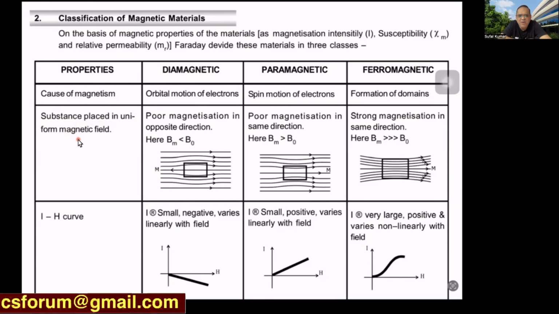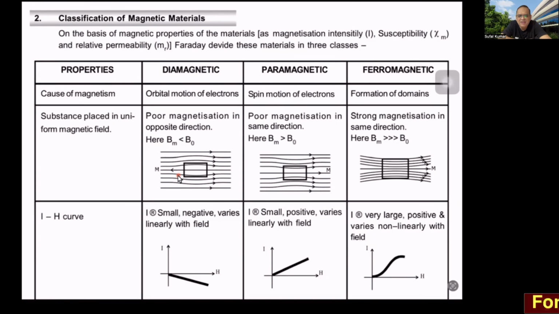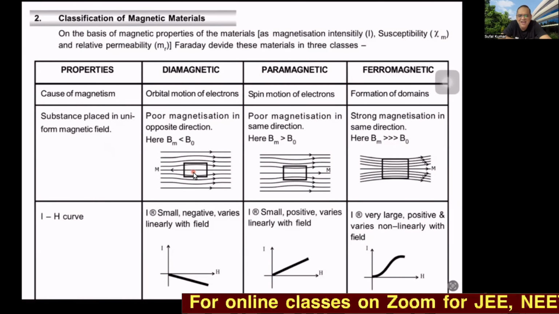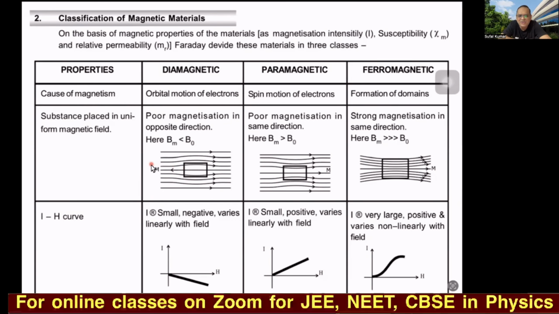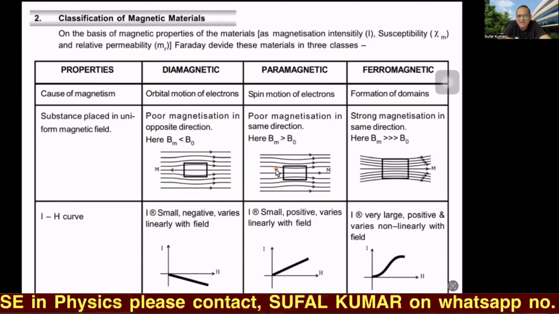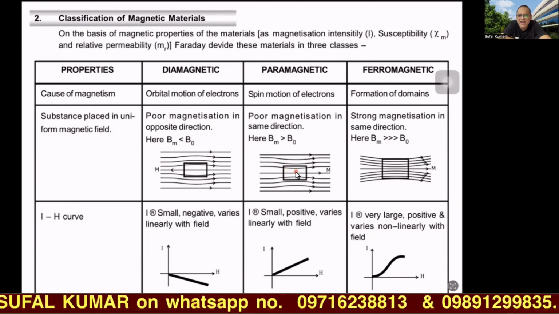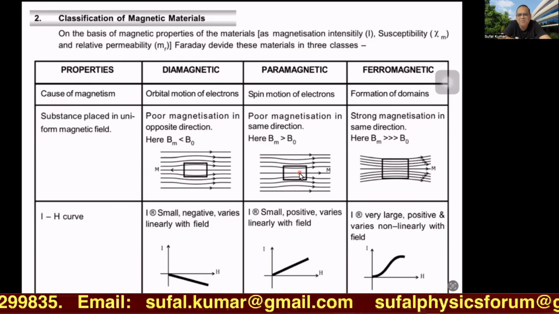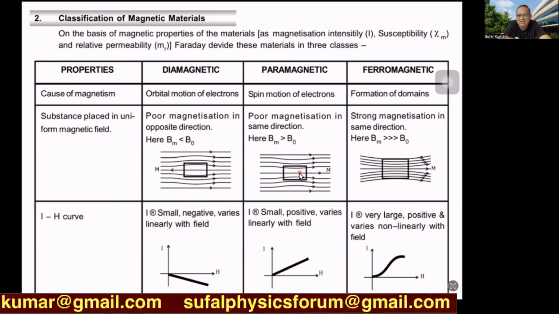And second last, substances placed in a uniform magnetic field. How do they respond when they are placed in a uniform magnetic field? Here in case of diamagnetic, they prefer not to let the field enter. All these field lines are trying to go outside. But for paramagnetic, a lot of magnetic field lines will be trying to enter while passing through the paramagnetic substance.